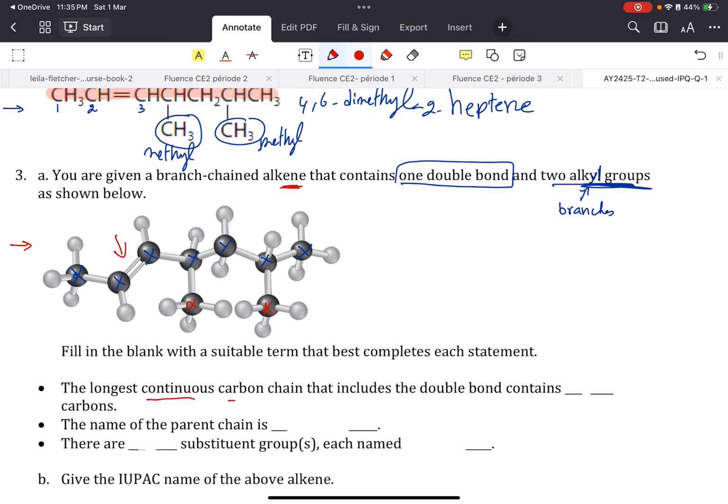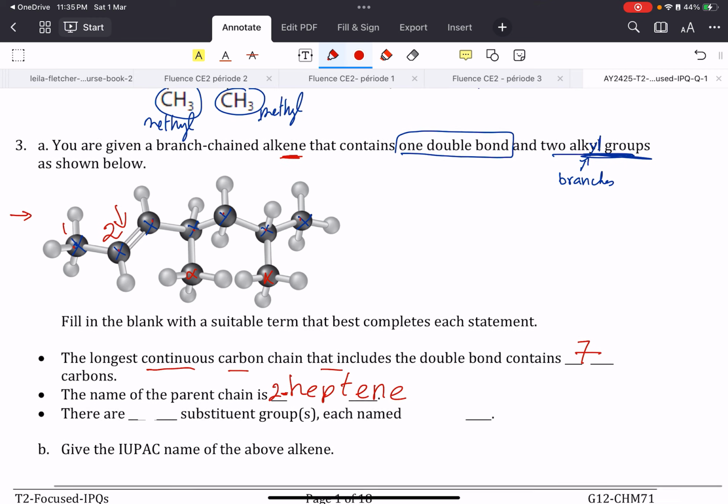The longest continuous carbon chain that includes the double bond contains 7 carbons: 1, 2, 3, 4, 5, 6, and 7. The name of that parent chain is hept because it's 7 carbons. Then ene because it has a double bond, and you must write the number of the ene. It's on the second carbon, so you must write 2-heptene.